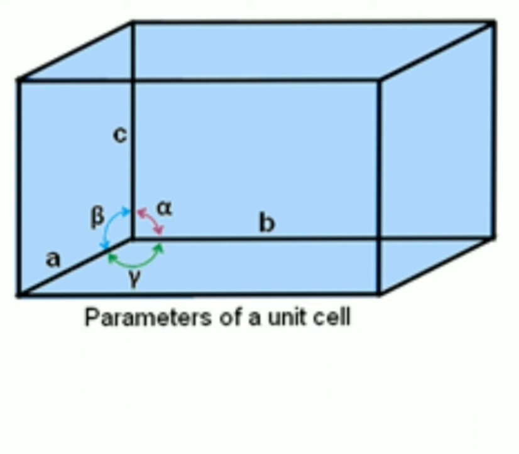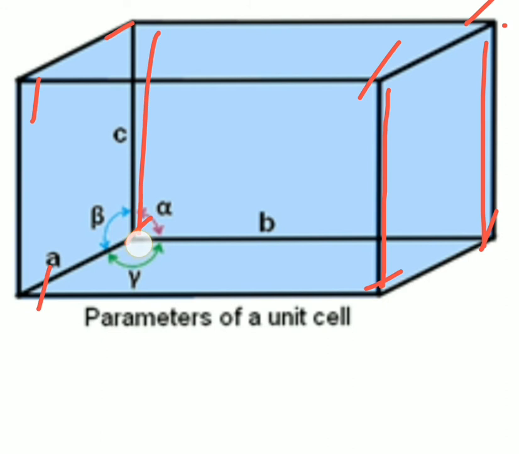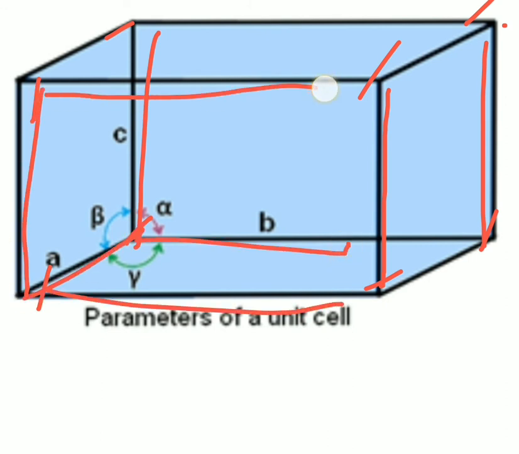Before explaining further, I want to explain something more. In a unit cell here, 8 corners are present: 1, 2, 3, 4, 5, 6, 7 and 8. These are the 8 corners, and 12 edges are present: 1, 2, 3, 4, 5, 6, 7, 8, 9, 10, 11 and 12.